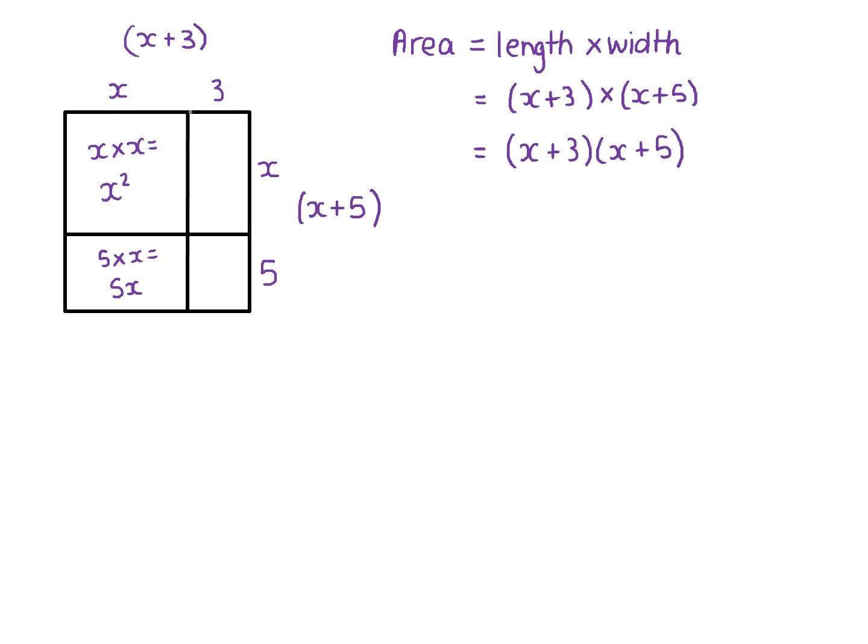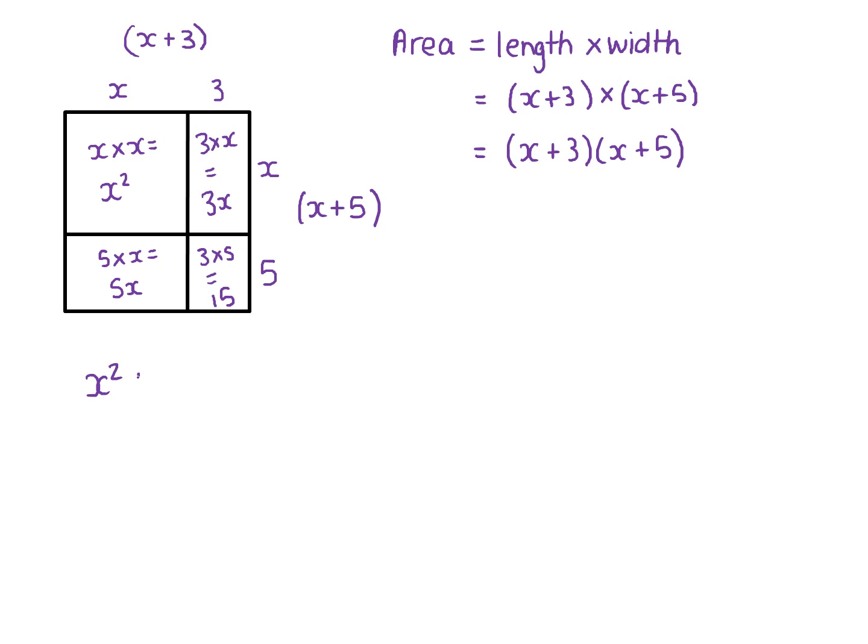This shape here, it's got length 3, width x, so we're doing 3 times x, which is 3x. And finally, for this little rectangle down the bottom, it's got length 3, width 5, so the area is going to be 3 times 5, which is 15. So if I add up all of these sections, that should tell me the area of the whole shape.